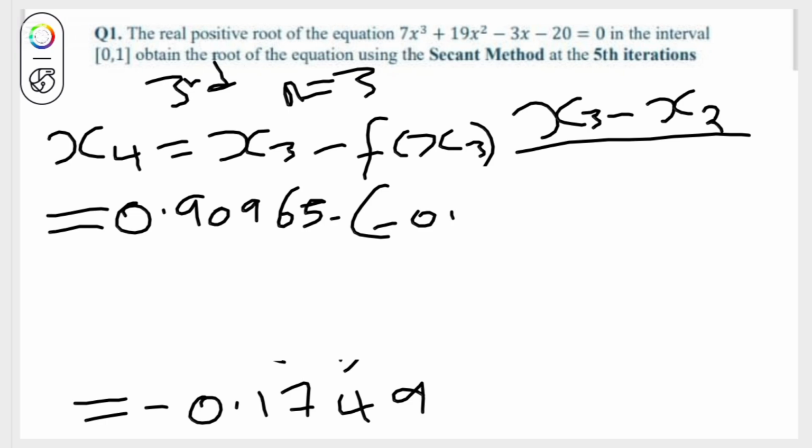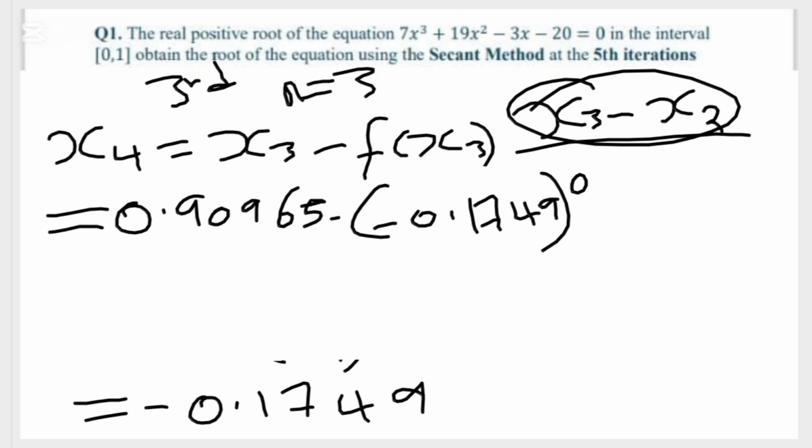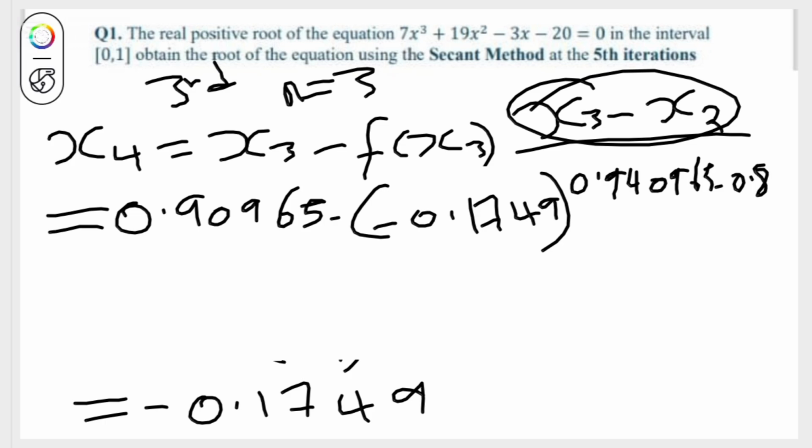But you have to take note of it, which is negative 0.1749, and also I have to multiply by this x3 minus x2, which is 0.94065 subtract 0.8956 65, divided by f of x3 minus f of x2.